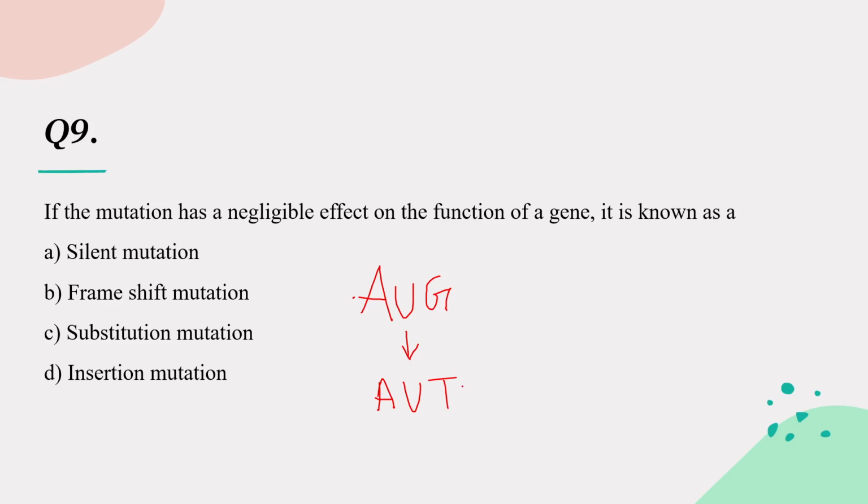Then also it will produce the amino acid methionine, because the last base of the triplet genetic code is known as the wobble base. Sorry, the writing is too bad.